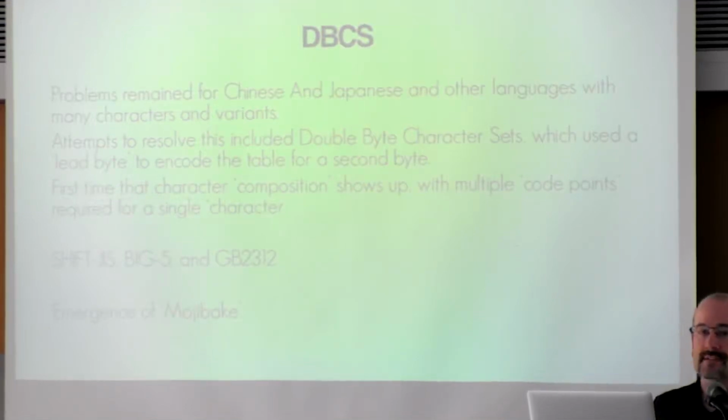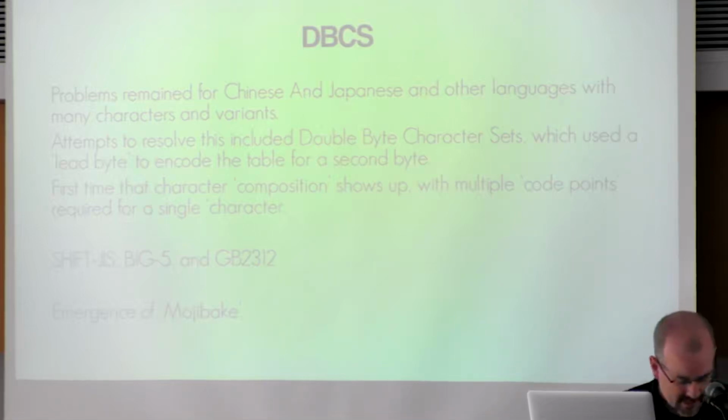Also, character sets that included more than 256 characters or 128 characters had really no hope of being represented reasonably. The interim fix there was double byte character sets. So rather than using straight ASCII, it would conform to ASCII conventions, but interpret the 2 bytes in the sequence as being a certain character and displaying that.